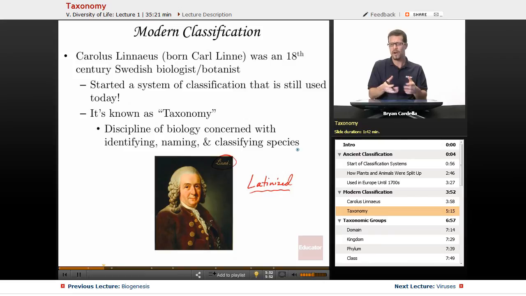Of course, Carolus, I almost sound like I said careless, but Carolus was not careless, he did not rely on DNA, of course, because back then, they didn't know about that. But he relied on some fossil evidence and, of course, studying their bodily form and which ones were similar to others and which ones were different.